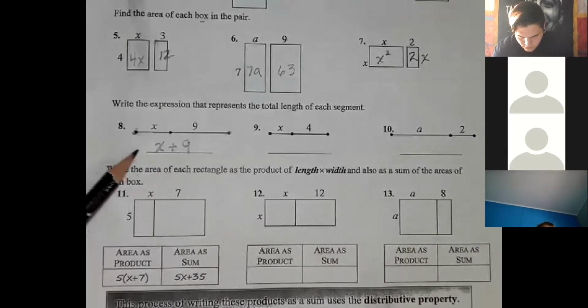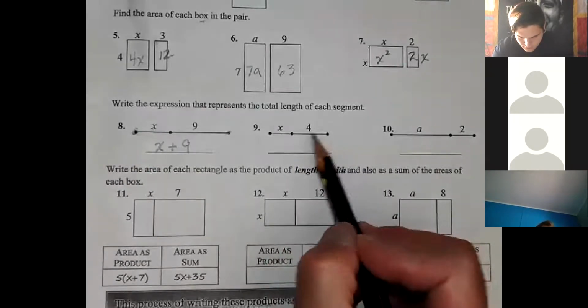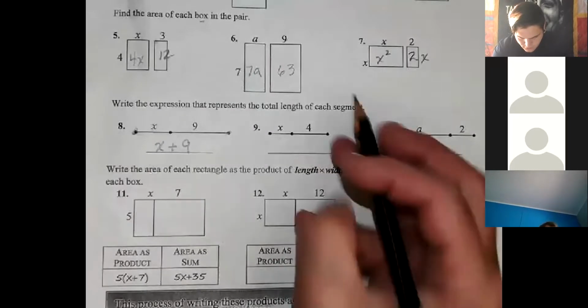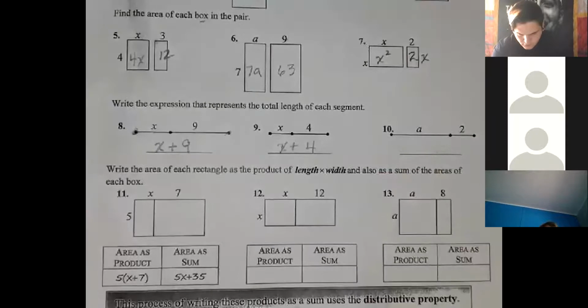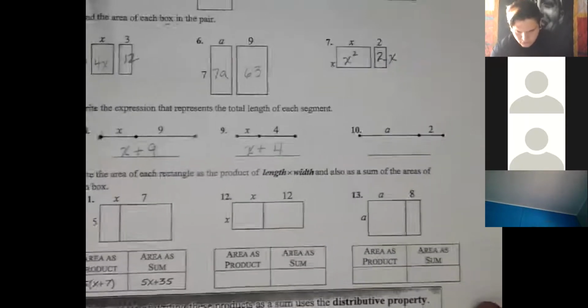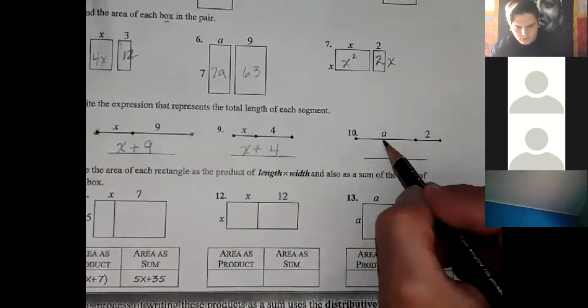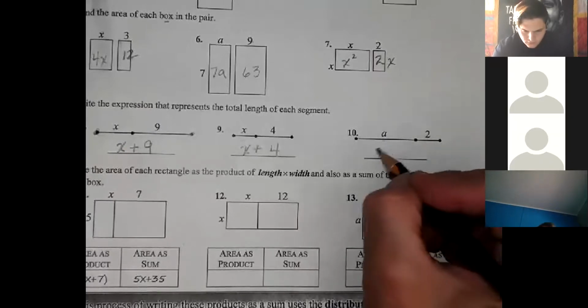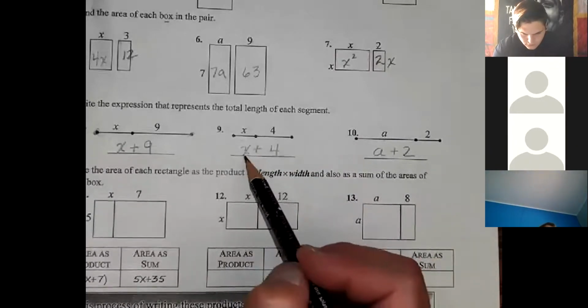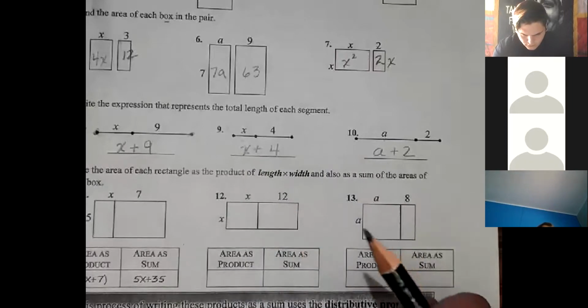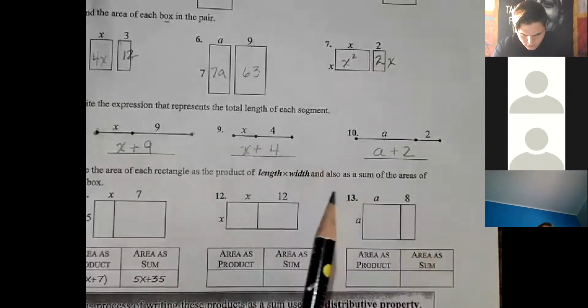All I can do is write an expression to show what this is. This piece here, we have an X and a 4. They add up to X plus 4. And the last one is going to be A plus 2. In each case here, I wrote the variable first, only because it was on the left-hand side of the picture.